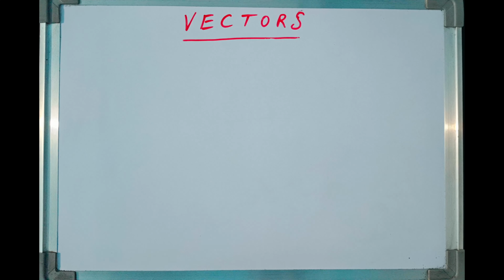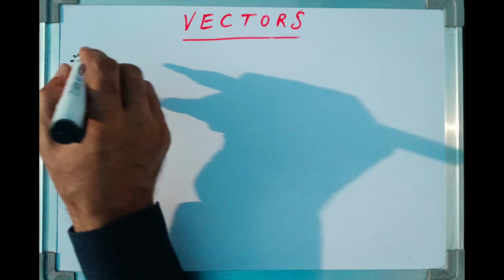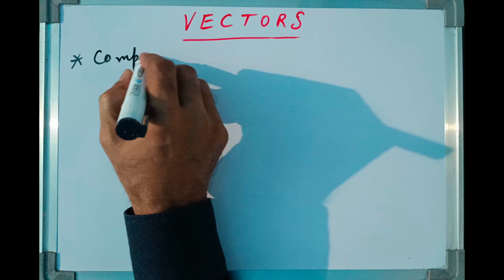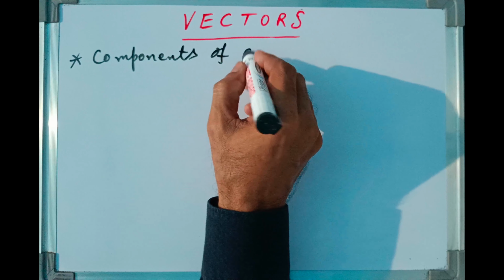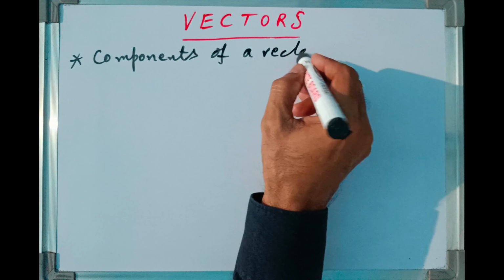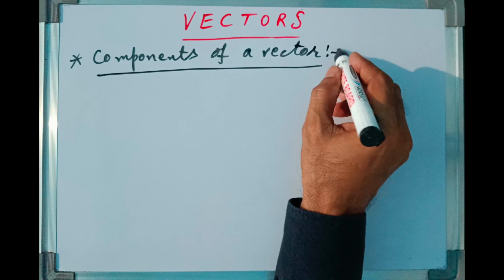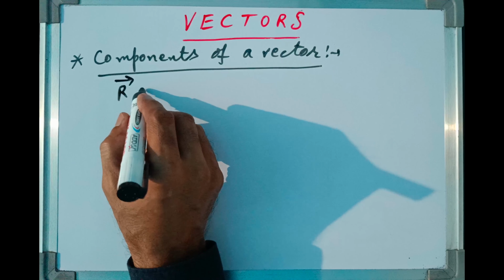Next point is very useful in physics regarding vectors, that is what is meant by components of a vector. As the name implies, suppose we have a vector r.